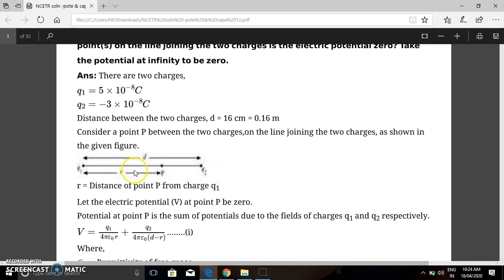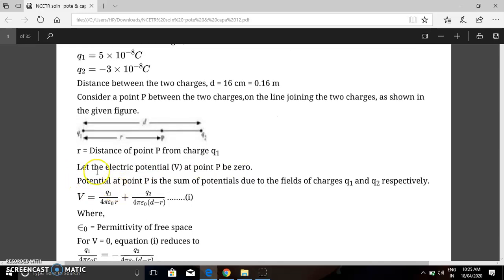I repeat, this point P will be at distance r from the first point, and the whole distance is d, so it will be d minus r from the Q2 charge. Here let the electric potential V at point P be 0.